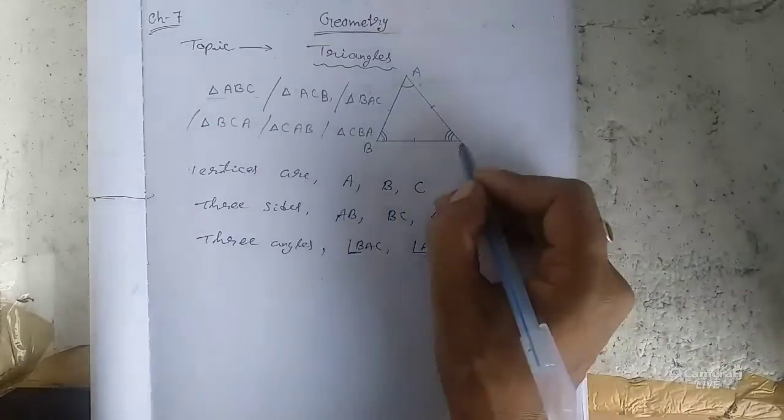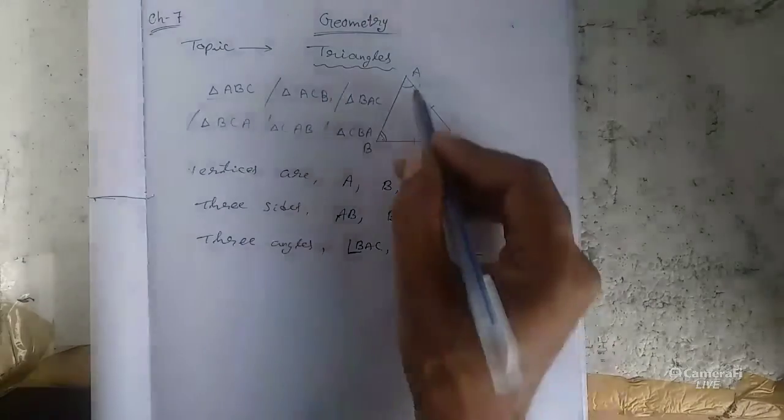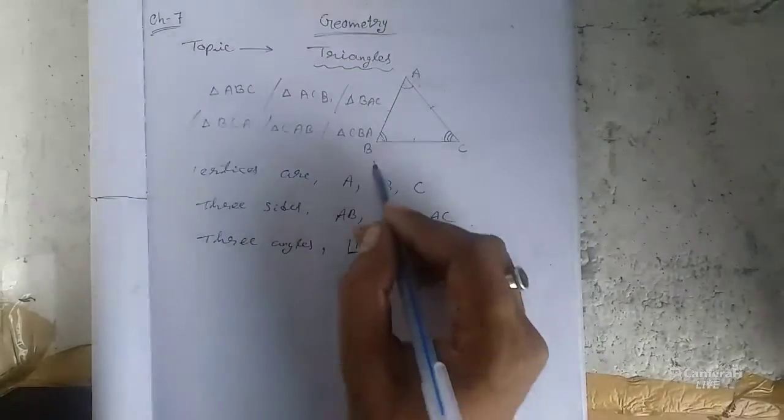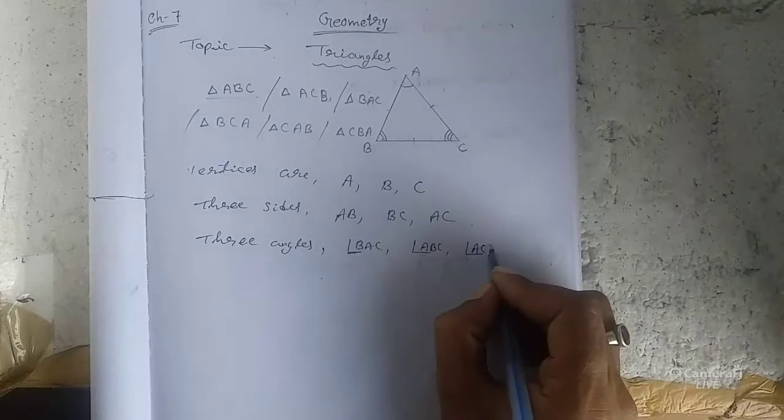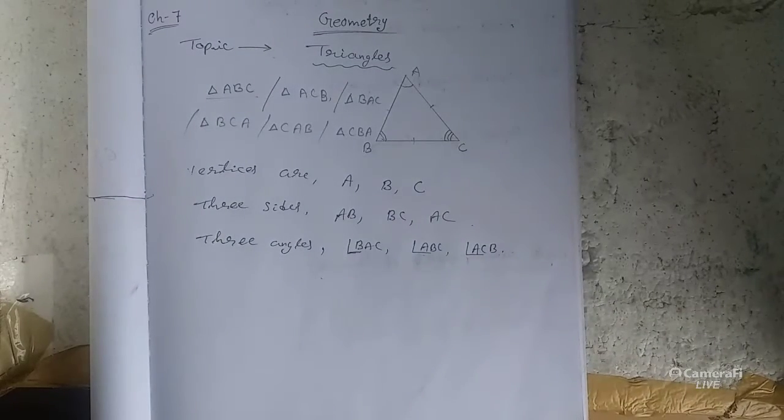Third angle, C is the vertex, so the name should be ACB or BCA. So these are the three angles of a triangle. So basically we get that in a triangle there are three vertices, three sides and three angles.